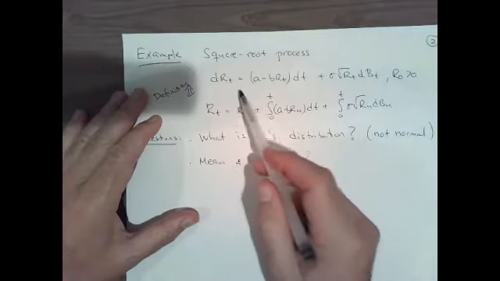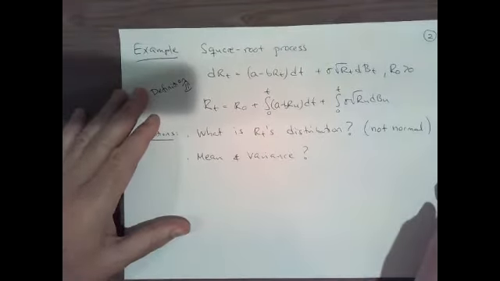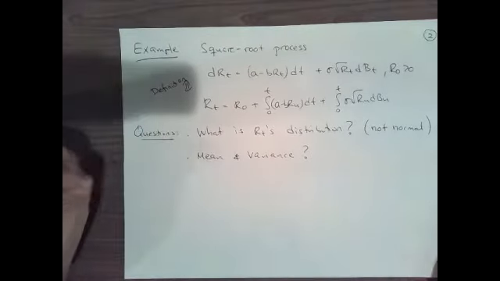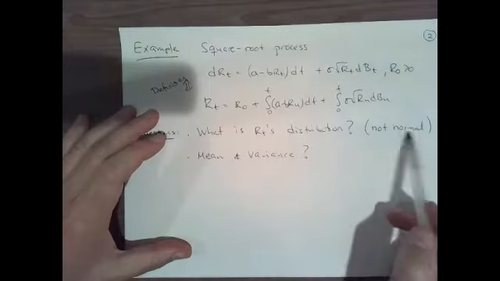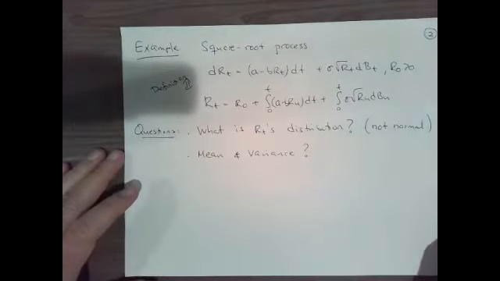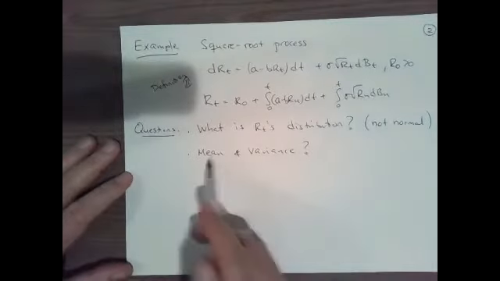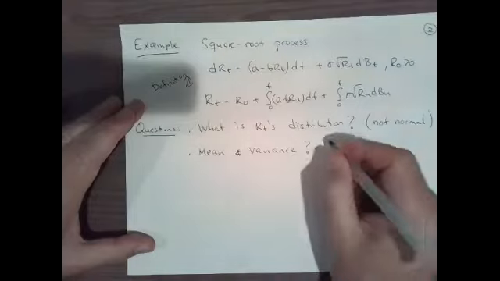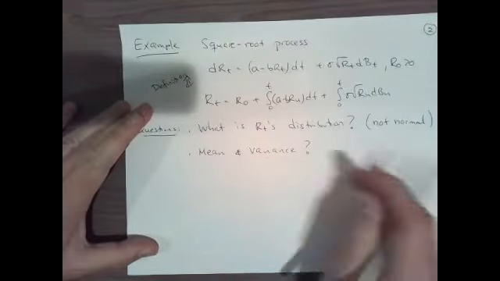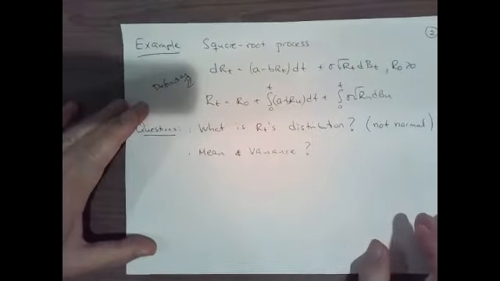So R_t is non-negative, and then it cannot be normal. Whatever distribution it has, it's not going to be normal. Mean and variance. Okay, so that's what we'll settle on tonight. Maybe later we can rethink R's distribution.